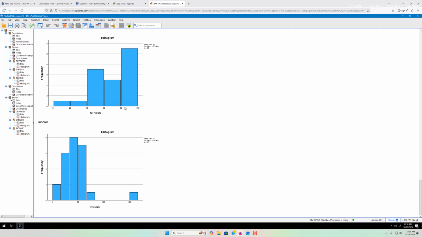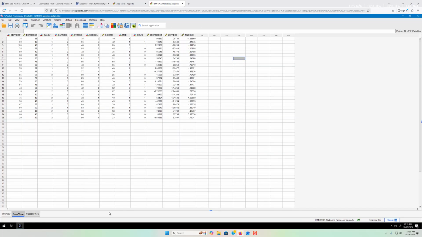I just made a duplicate copy of them. They're not different analyses. And then we want to look for outliers. So we want anything that's greater than 2.58 and anything that's less than negative 2.58. We can just scan these columns and look for the outlier.